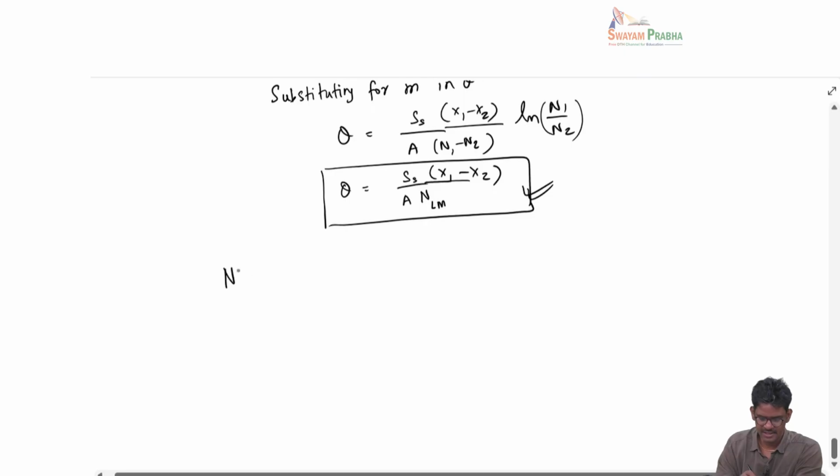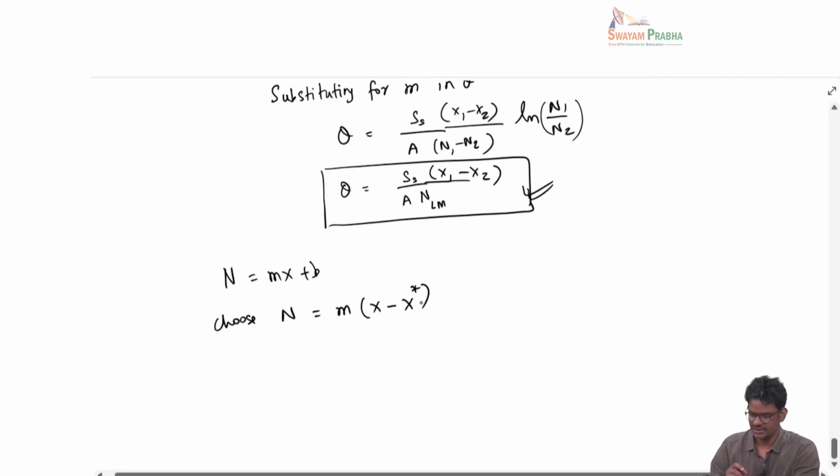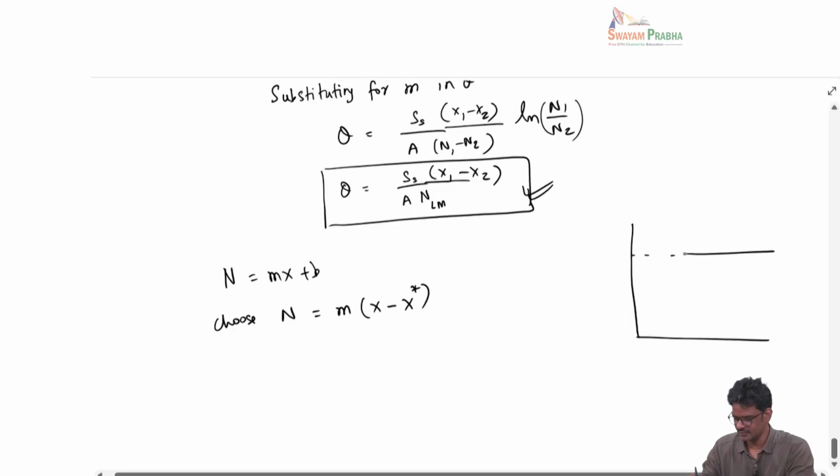Instead of writing N equal to mX plus b, you can also choose to write m times (X minus X star). What this means is you have a drying curve where you have a constant drying rate Nc up to some critical moisture content Xc, and then a straight line down to the equilibrium moisture content.